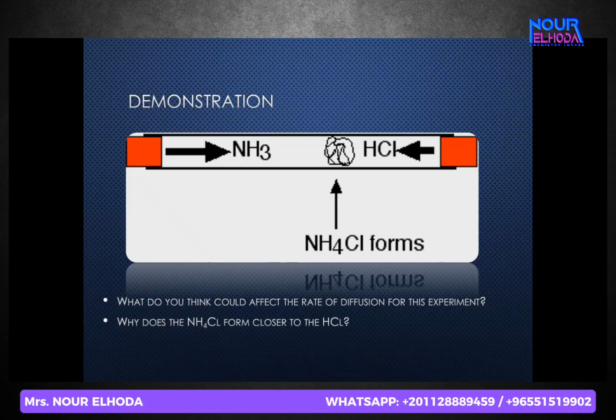What will happen once you put two gases, every gas on a side? What do you think will happen? Each gas will diffuse, but the NH4Cl will form closer to the one that has less Mr. Exactly. Good job.